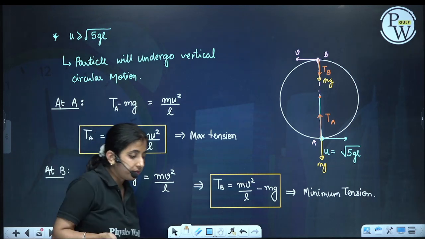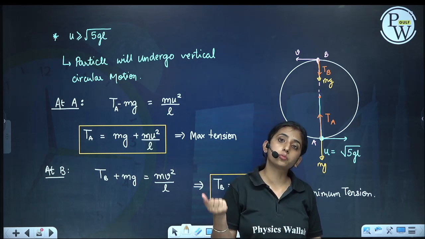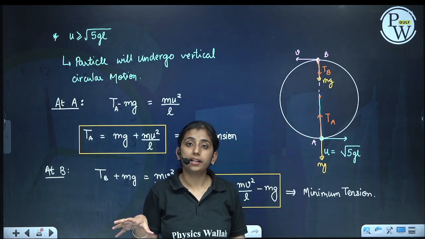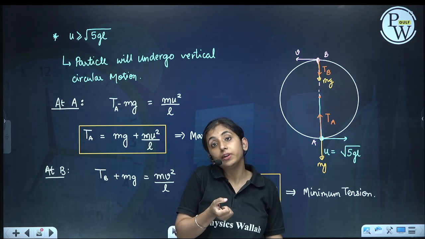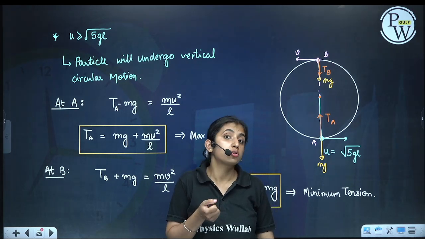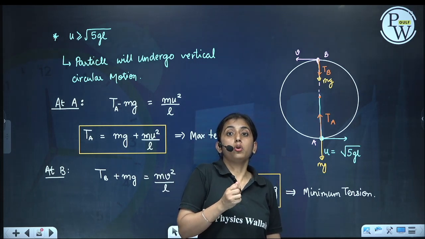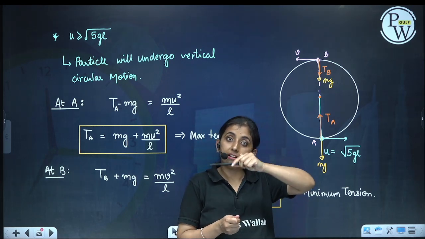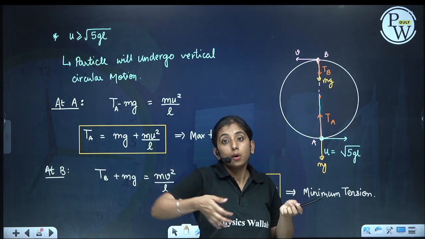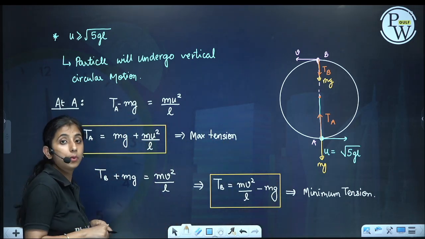Now see, if we make the particle move forcefully with a constant speed, such that we are applying more force on the string, pulling it more and more towards the center, then we are providing more centripetal acceleration. So the speed will be the same, it will not decrease.